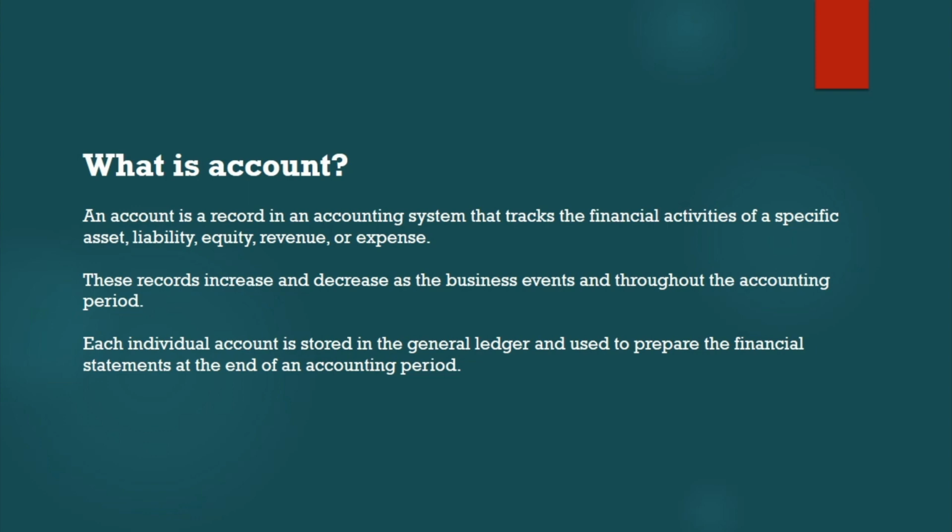The records increase and decrease as business events occur throughout the accounting period. If they are recording the increases and decreases for the whole accounting period, they have to keep a record of everything. Each individual account is stored in the general ledger and used to prepare financial statements at the end of the accounting period. This is the account.